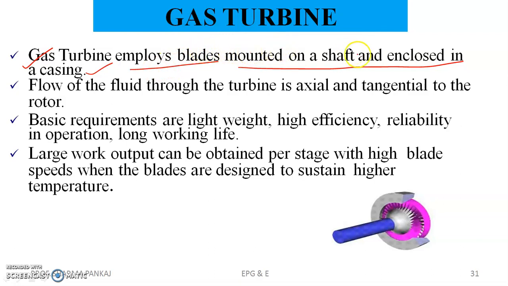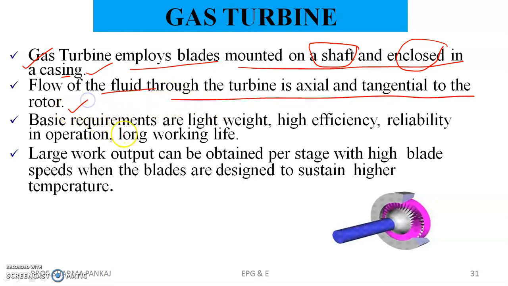Flow of fluid through the turbine is axial and tangential to the rotor. The basic requirements are lightweight, high efficiency, reliability in operation, and long working life.